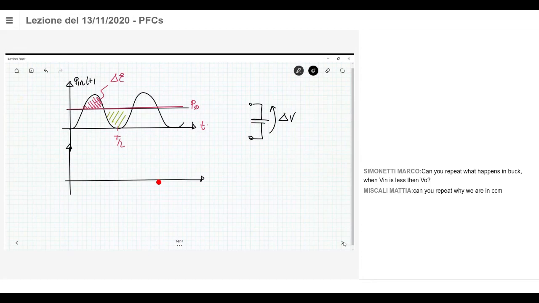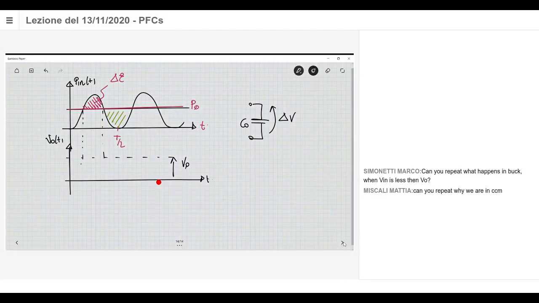The output voltage has an average value, which is V naught. But then what happens in this interval? Look at the interval in which the energy is provided to be stored into the output capacitor C naught. In that situation, I have an increase in the voltage. So if you look at the output voltage, in this interval, you have something like this.